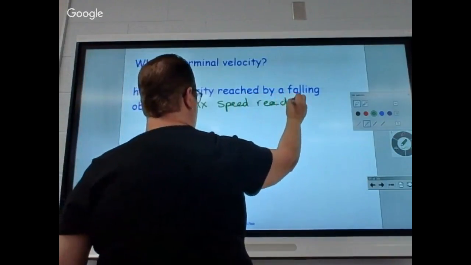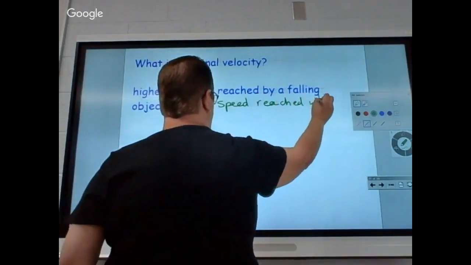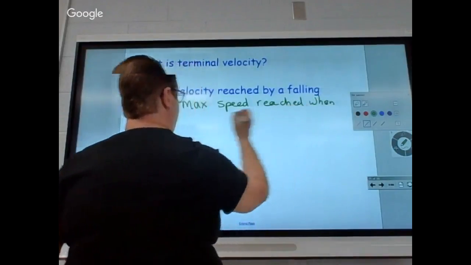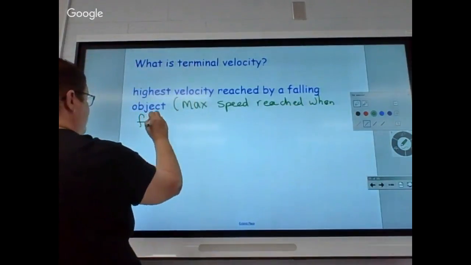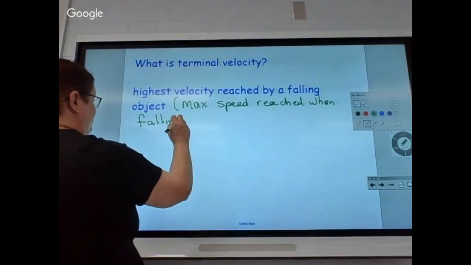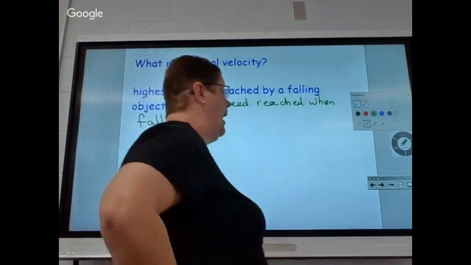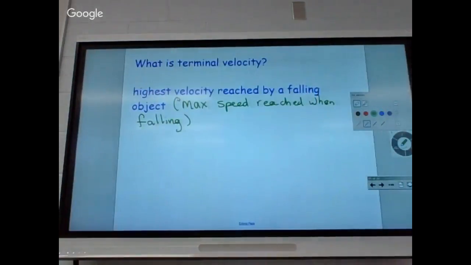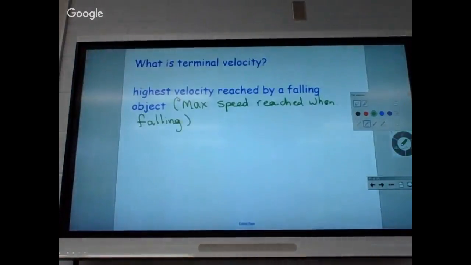Okay? That's what that means in English. It's the maximum speed reached when falling. Because they don't continue to accelerate all the way to the ground. At some point, they will stop accelerating.